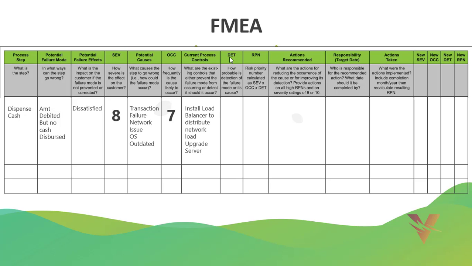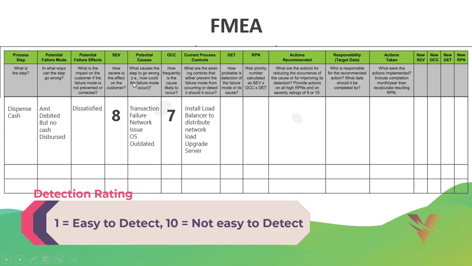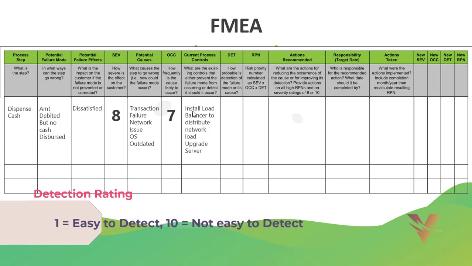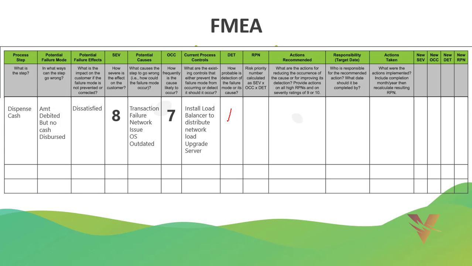Here, detection also we need to rate from 1 to 10. On a scale of 1 to 10, 1 is easy to detect and 10 is not easy to detect. At present, this is the detection technique they are using in the ATM machine, so I will rate it as 4.